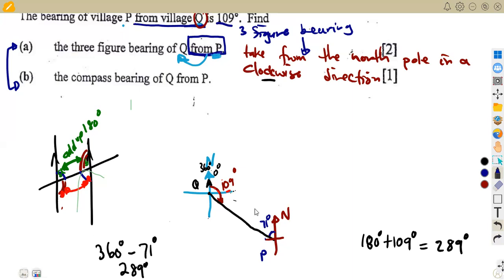So the whole idea about compass bearing is within the poles that are creating the angle. This part here, we are saying is the bearing of Q from P. The idea is not changing.